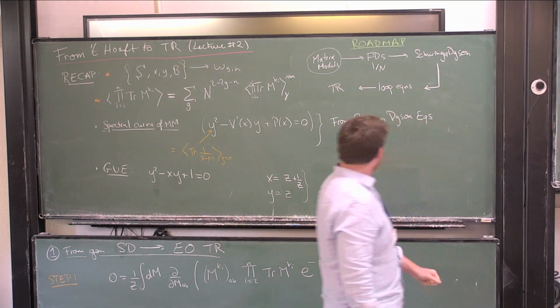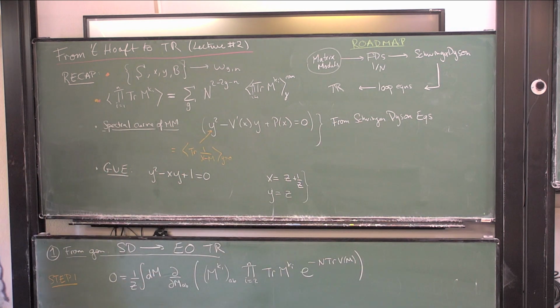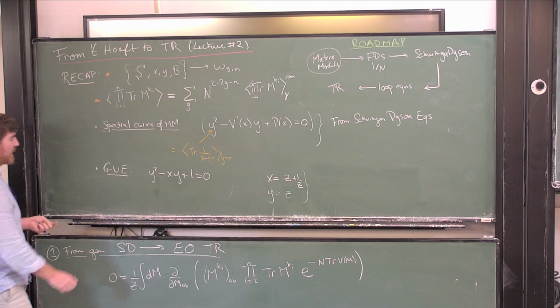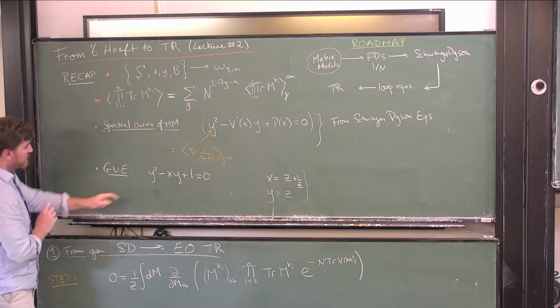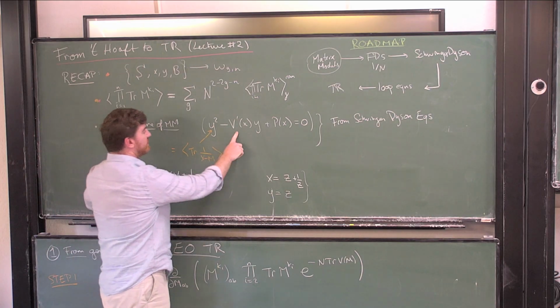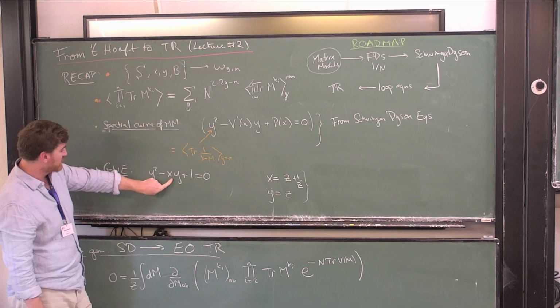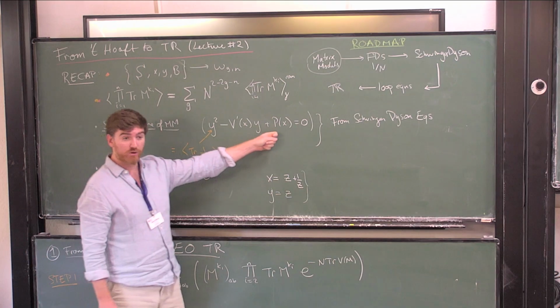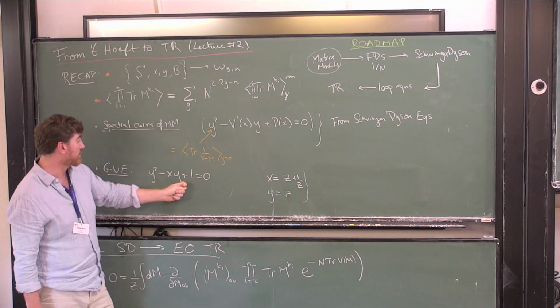Okay, very good. Let me say one more thing about the spectral curve, which we'll work out explicitly today. We had arrived at this yesterday: y squared minus... So if the potential is 1/2 x squared, this is just xy, and this polynomial for the GUE was very simple, it's just 1.